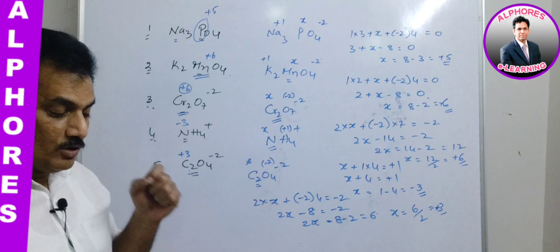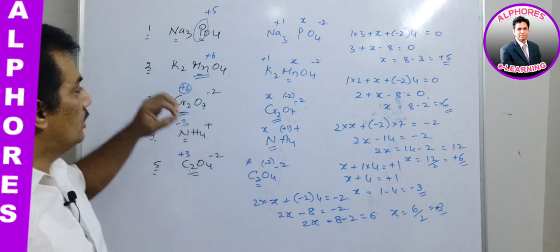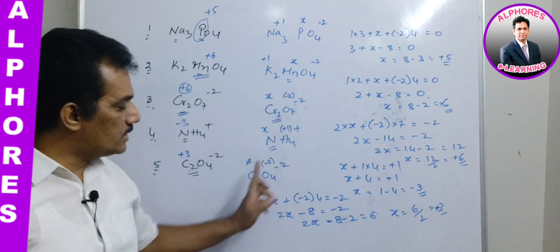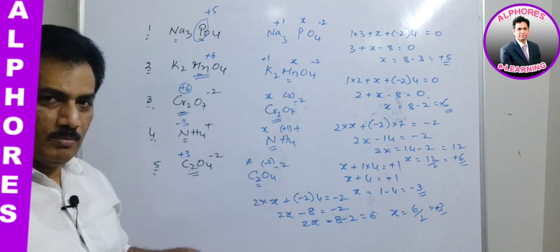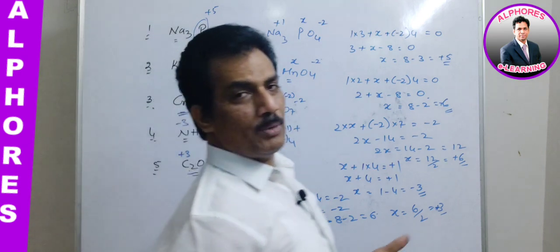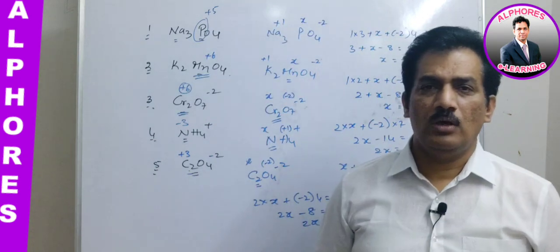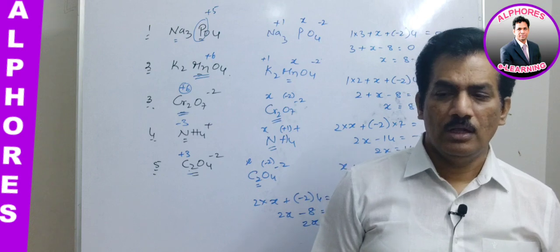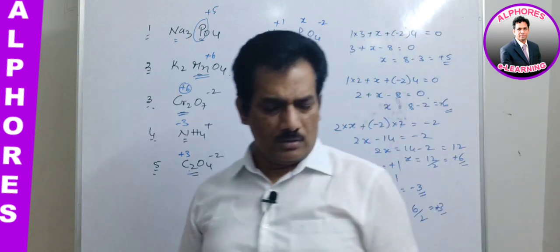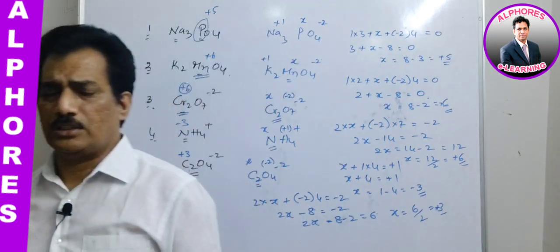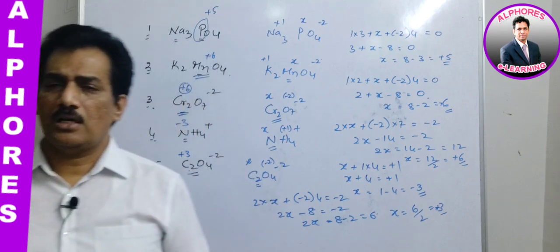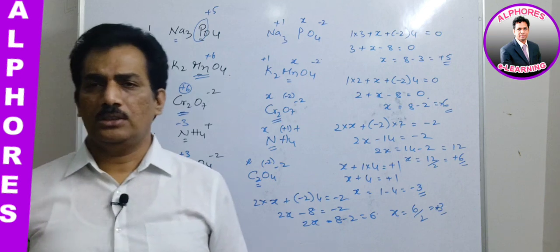Now just observe here, children: if we are aware of the oxidation states of the elements other than the unknown element, then only are we able to apply the rule and get the oxidation state of the unknown element. If the oxidation states of two different elements are not known, then it is not at all possible to find the oxidation states.